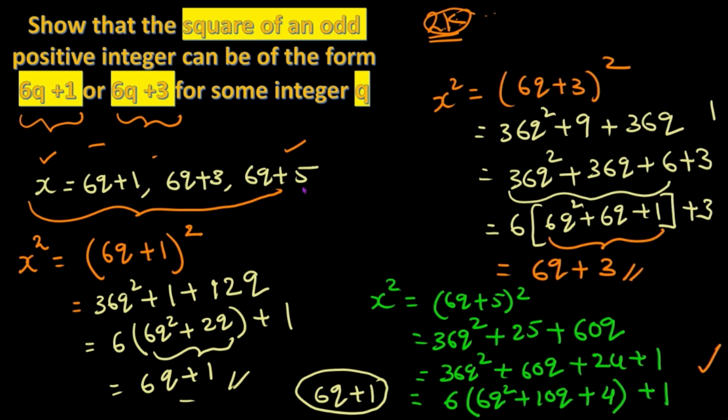The remainders 0, 2, 4 are even numbers, so we eliminated those. So these are the odd numbers. Then if you find the square of the odd numbers, any such square of an odd number can be expressed like only 6q plus 1 or 6q plus 3. Even here we are getting the form 6q plus 1 only. So that is the final answer for the problem.